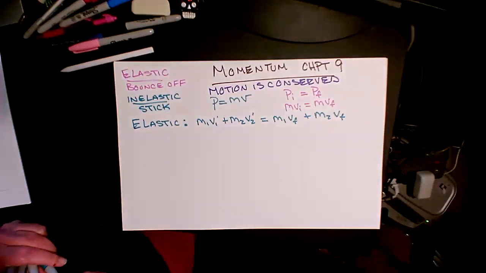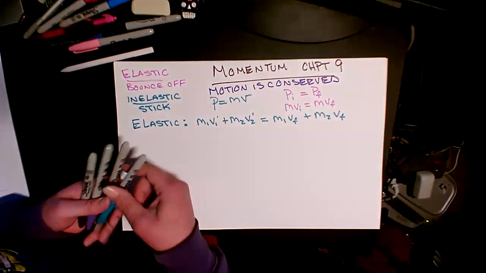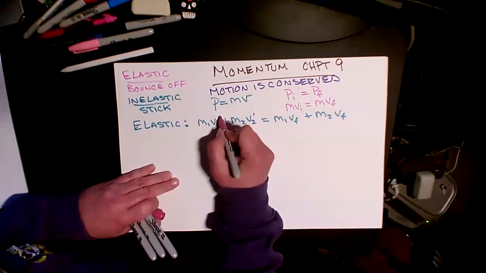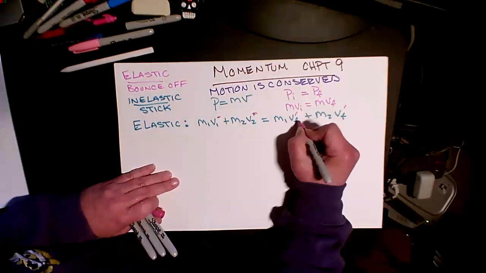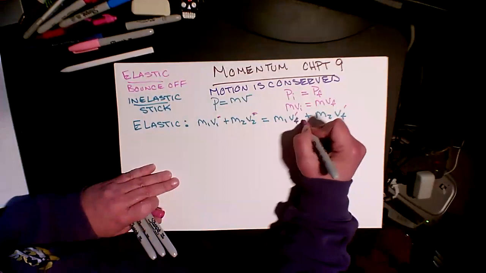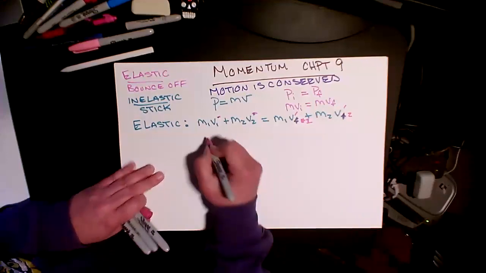Well, that doesn't seem very helpful. And I just wrote my primes in the wrong spot. Sorry about that. Primes here. That's the final. Okay. 1, 1, and 2. There we go. Let me write it over.